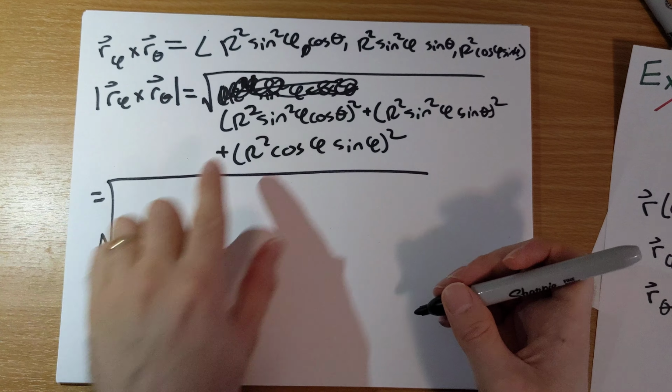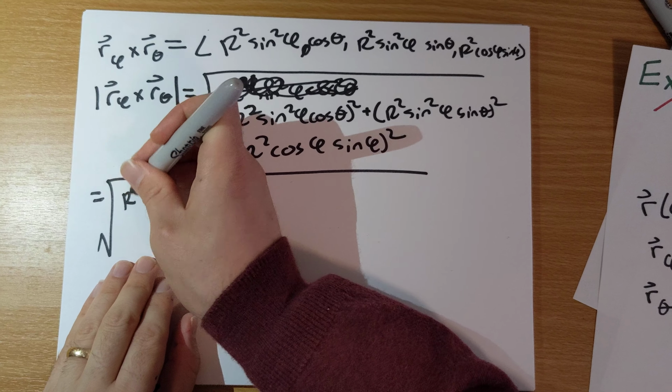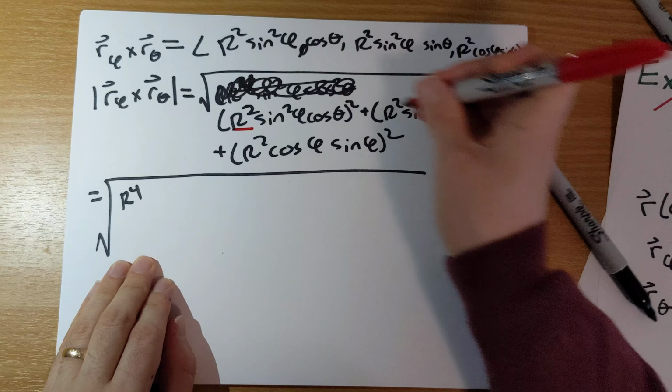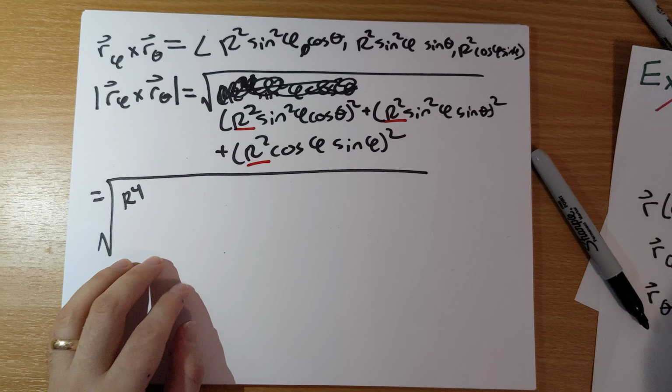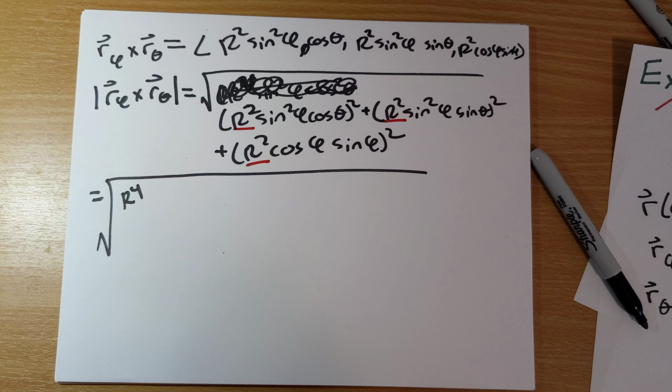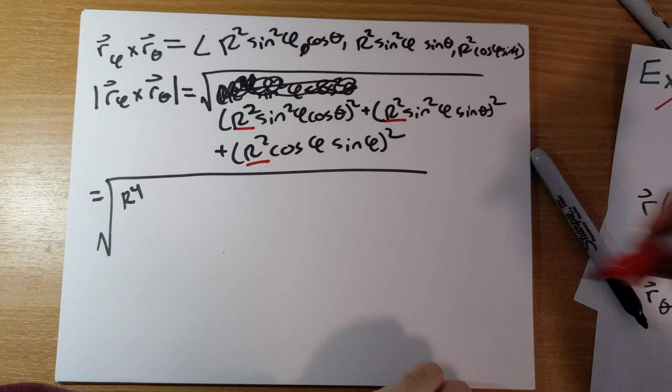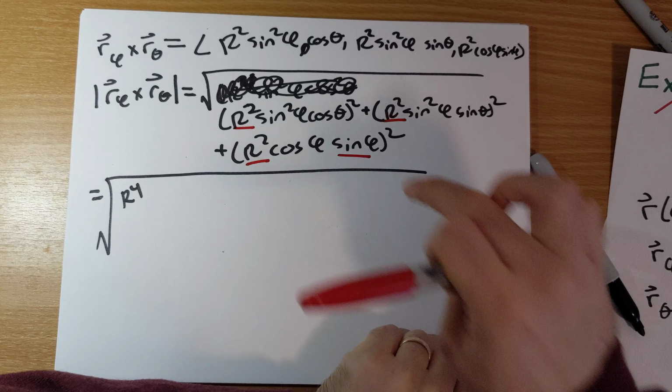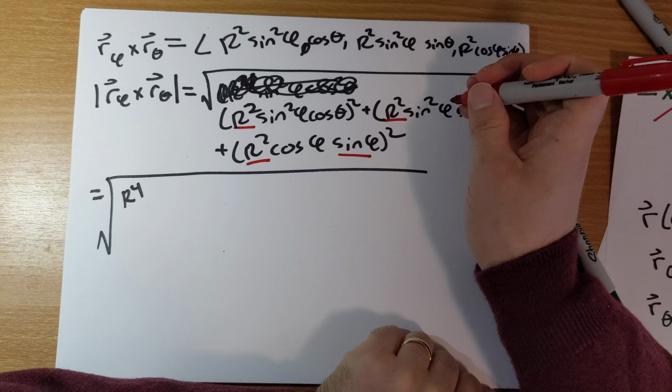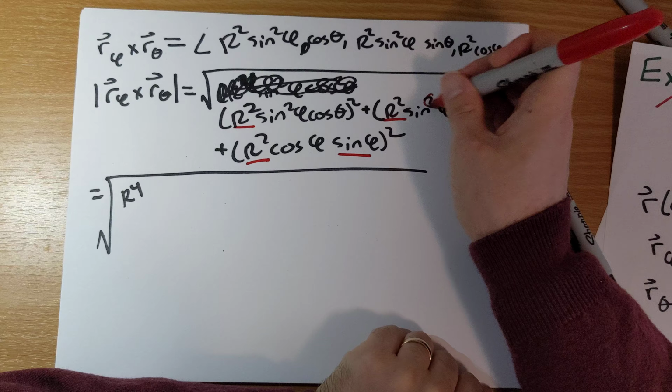So we end up with r to the 4th in every single term there, so I'm going to factor that out. Then it will be sine squared phi, sine to the 4th phi, and sine to the 4th phi.